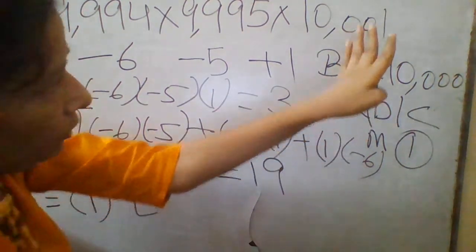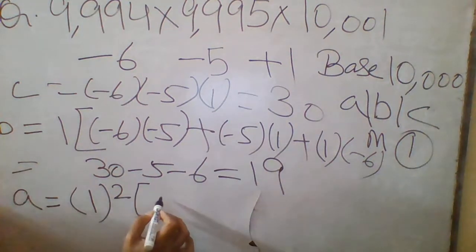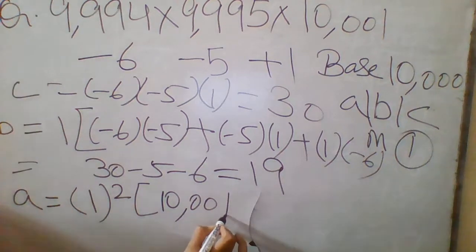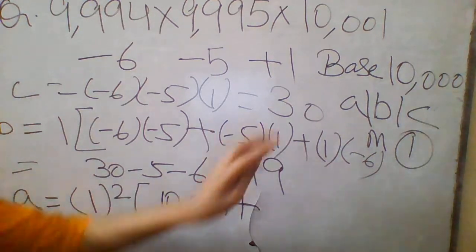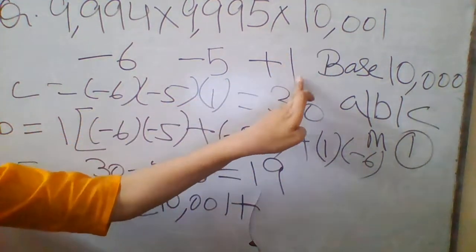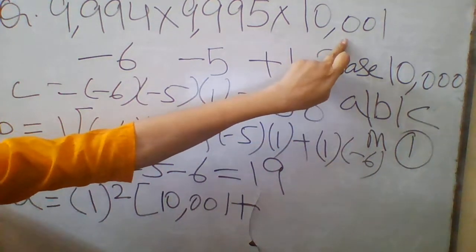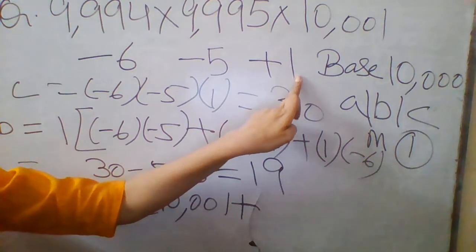This time I am taking this 10,001, so I am going to write down here 10,001. Now the excess value is this 1. So if I have taken this 10,001, I will not take this excess value now.